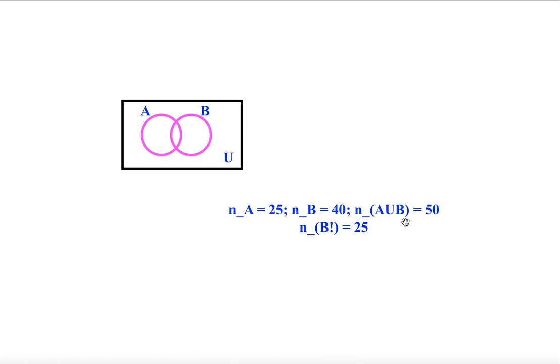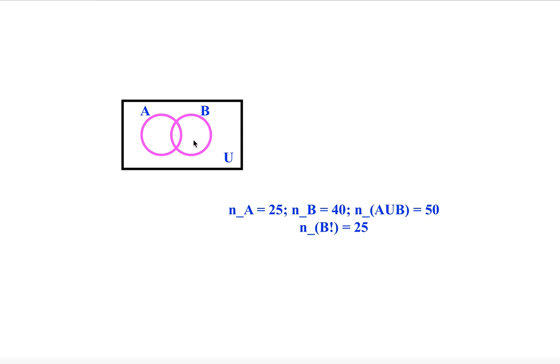For n of A intersection B, this figure is not needed. n of A is 25, n of B is 40, A union B is 50. This is 25, this is 40.